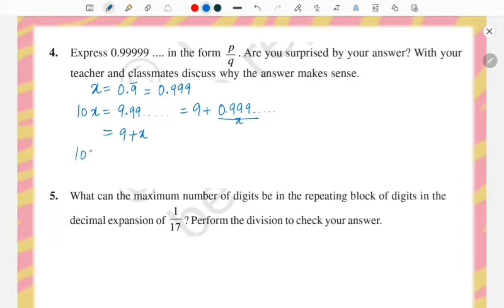My answer would be 10x minus x equal to 9. 10x minus x is 9x equal to 9. What does it mean? That x is equal to 1. Now this is saying that x is equal to 1. But what do I have here is x is 0.9999. है ना? So why is it so?